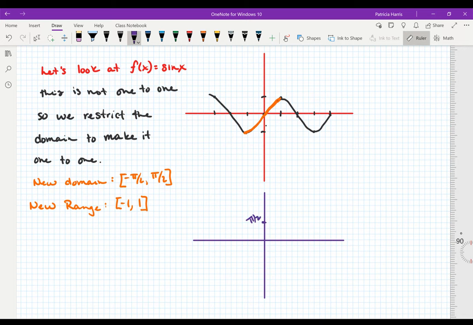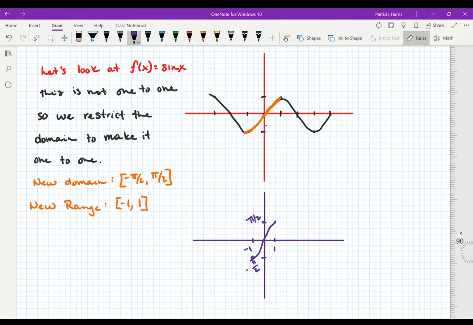So this becomes pi over 2. This is 1, and this is negative 1. So my graph looks like this.